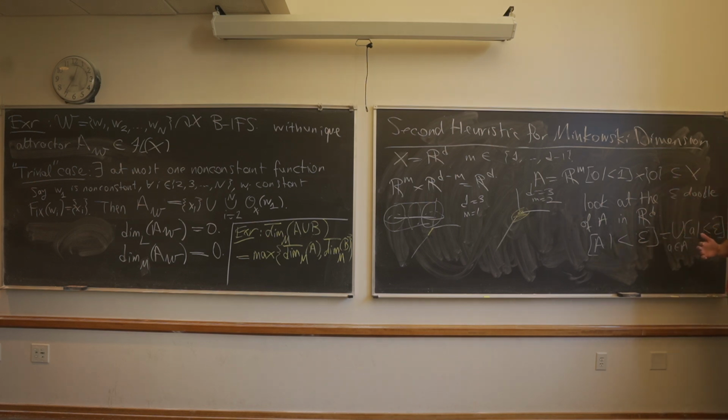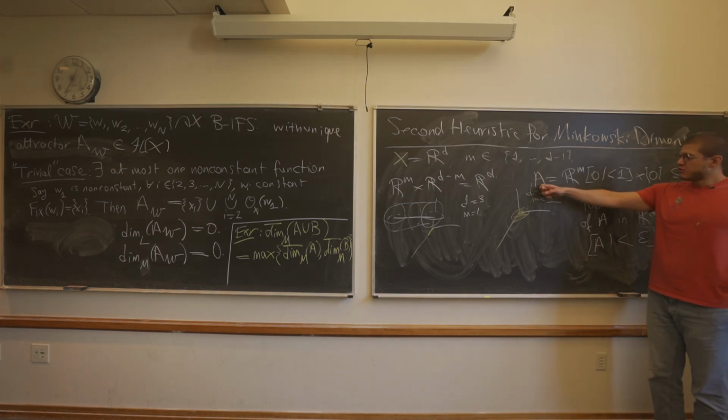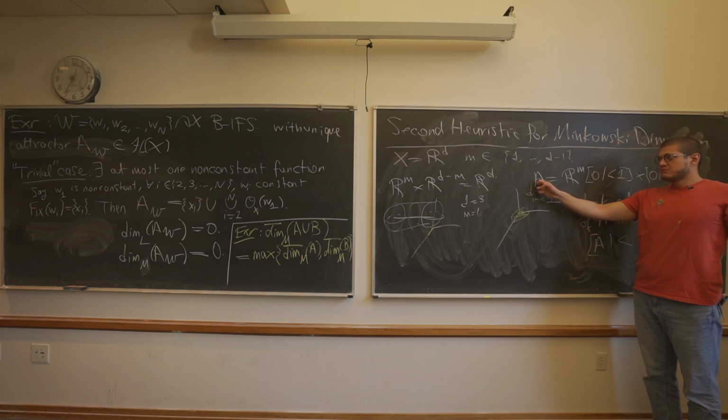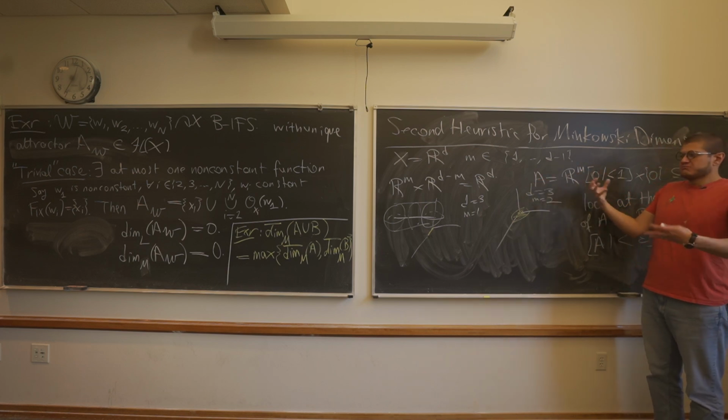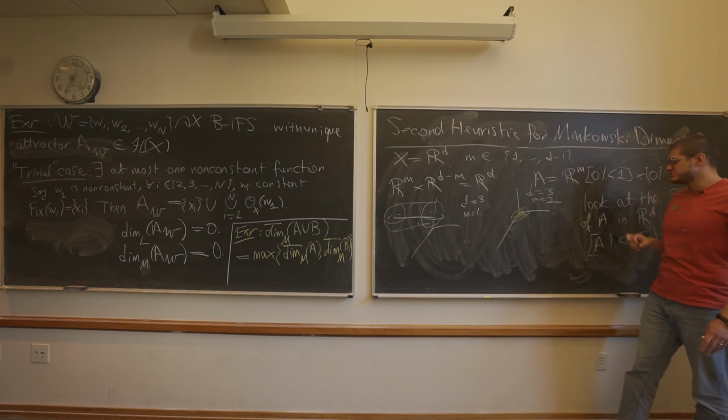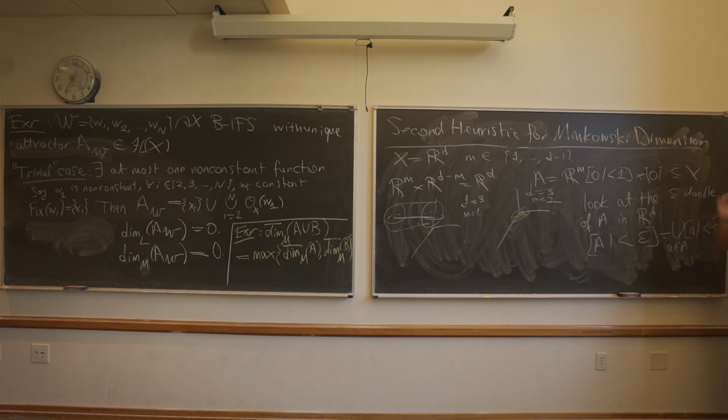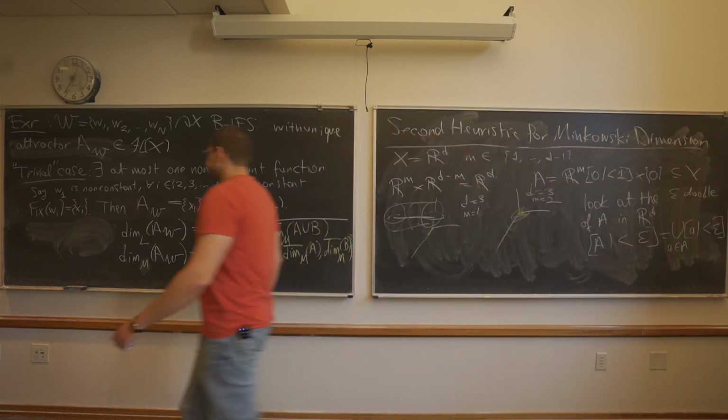This is going to have a D-dimensional volume. Now, if I were to look at the D-dimensional volume of A, it would be 0 because, intuitively, it has fewer dimensions. But the doodle is going to have dimension D. So you want to come up with upper and lower bounds for the D-dimensional volume of this.